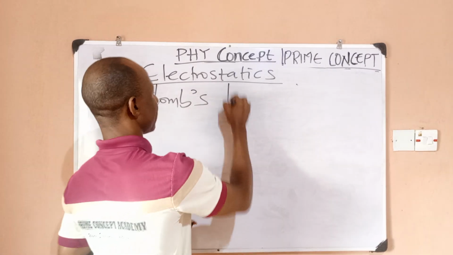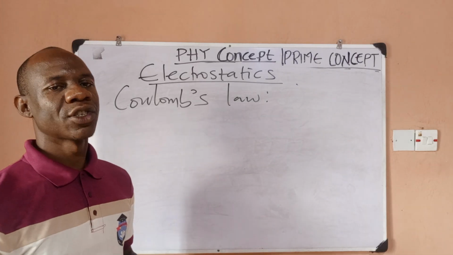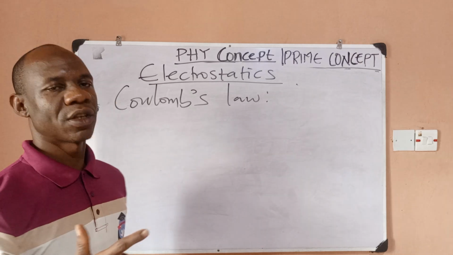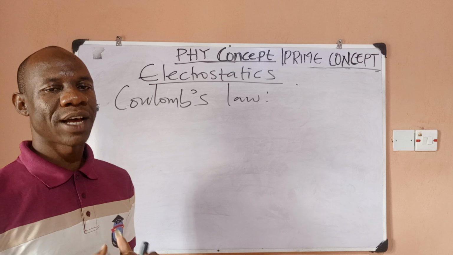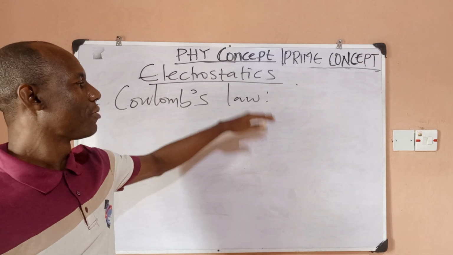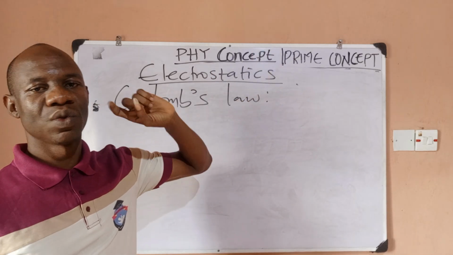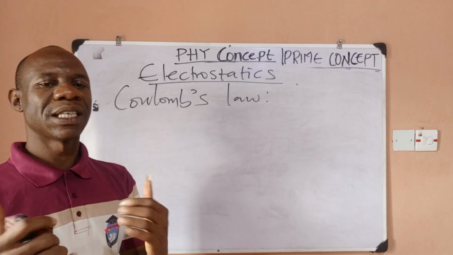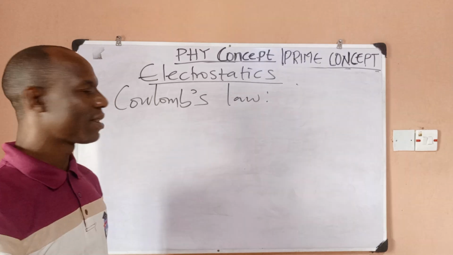Coulomb's law says that the force of attraction or repulsion between any two charges is proportional to the product of the charges and inversely proportional to the square of the distance between the charges. I would repeat. It says that the magnitude of the force of attraction or repulsion between any two charges is proportional to the product of the charges and inversely proportional to the square of the distance separating the charges. So that is Coulomb's law.